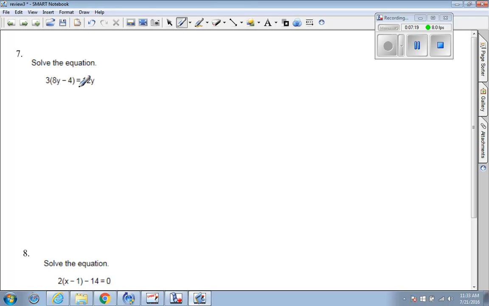Solve this equation. We apply the distributive property. So we will have 24y minus 12 equals 12y. And we've talked about this before, letters on the left, numbers on the right. So I want to get all my variables to the left side of the equation. So I'm going to subtract off 12y.